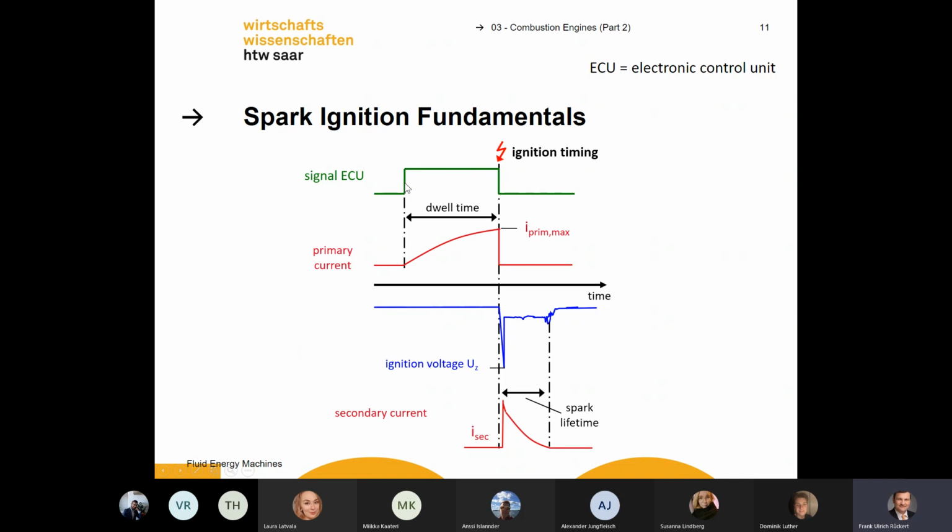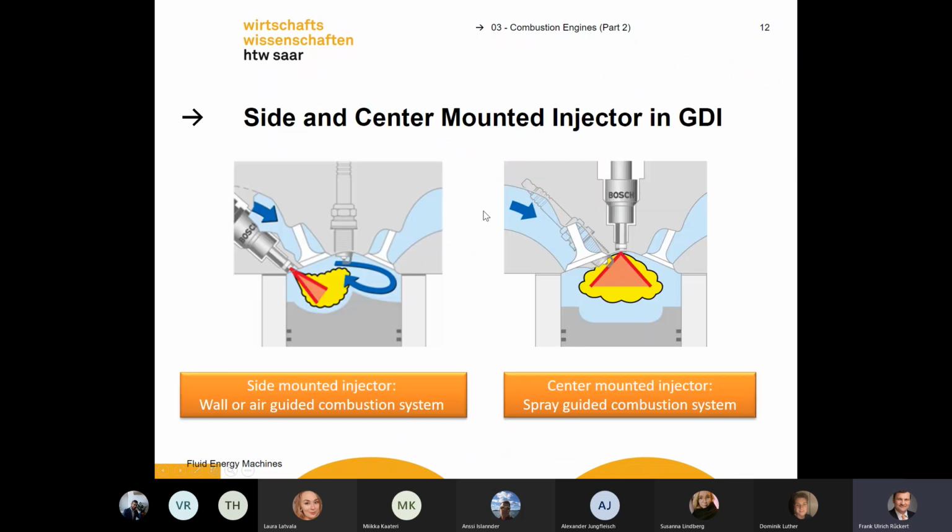You start the signal here, but you have a dwell time to build up the current, and then if the current is high enough, you can ignite the spark plug. You get the spark, and then you get the ignition inside the engine. So please take into account, it will not ignite directly. You need an offset here, a dwell time to plan the ignition.